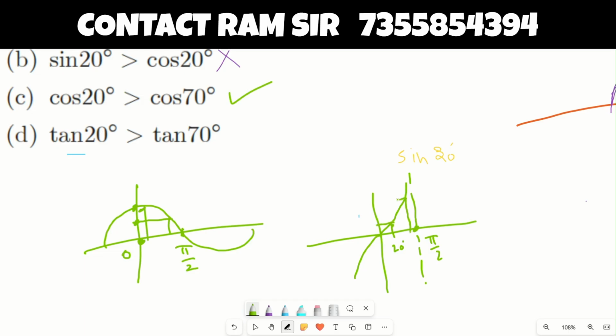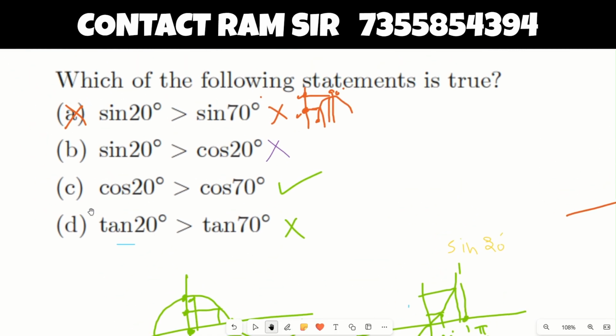So clearly I see that this graph is an increasing function, so tan 20 degree cannot be greater than tan 70 degree. So I only find one answer, that is C. So this one is our answer. Thank you.